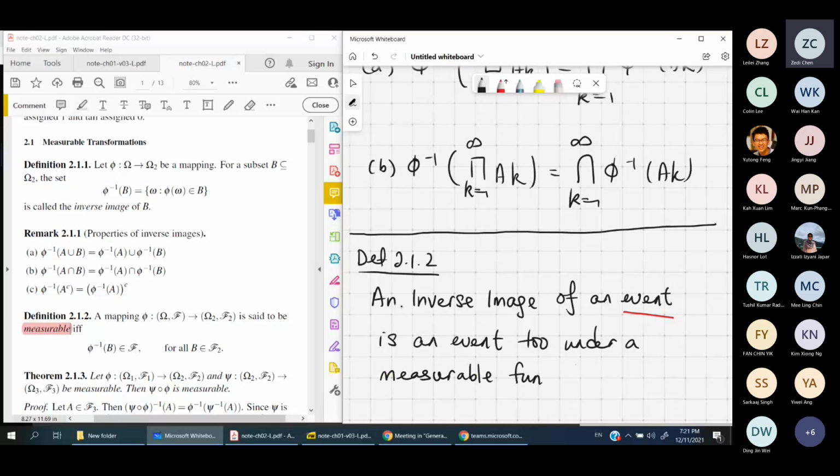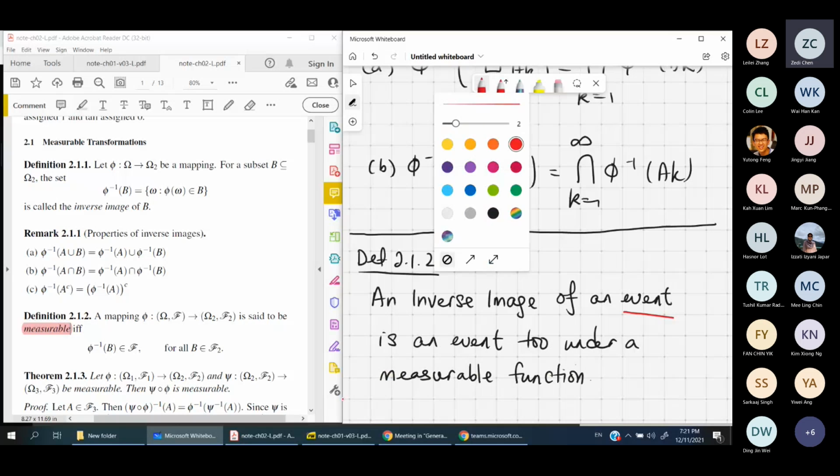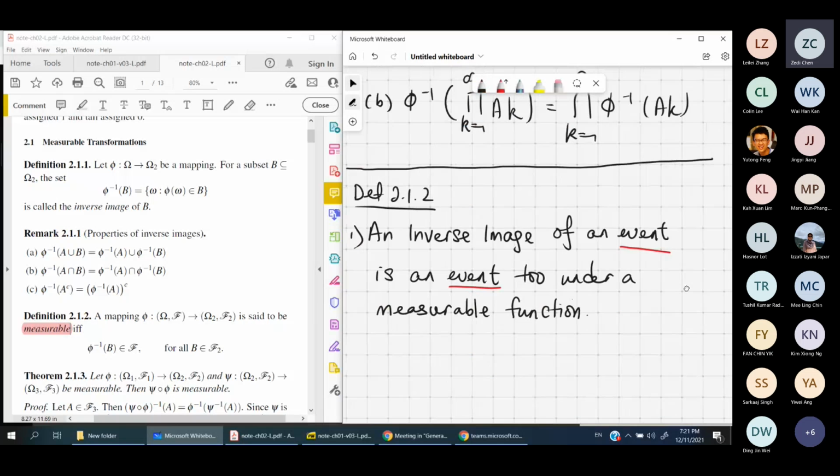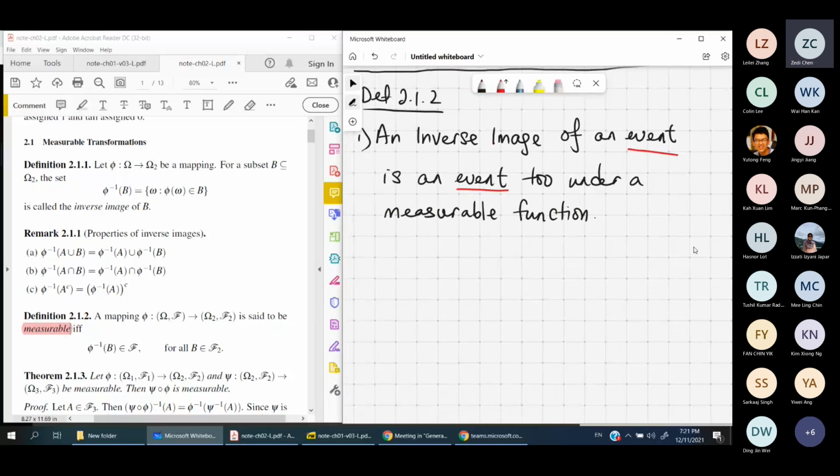Mapping or function. First, you have an event. Then you're using a measurable function. You pull back, and you get something which is also an event. So you may interpret it in this way. Or an easy way will be like this.